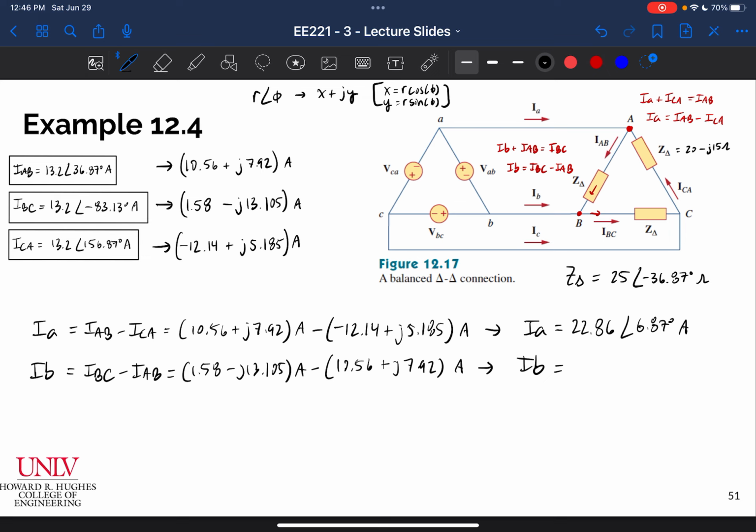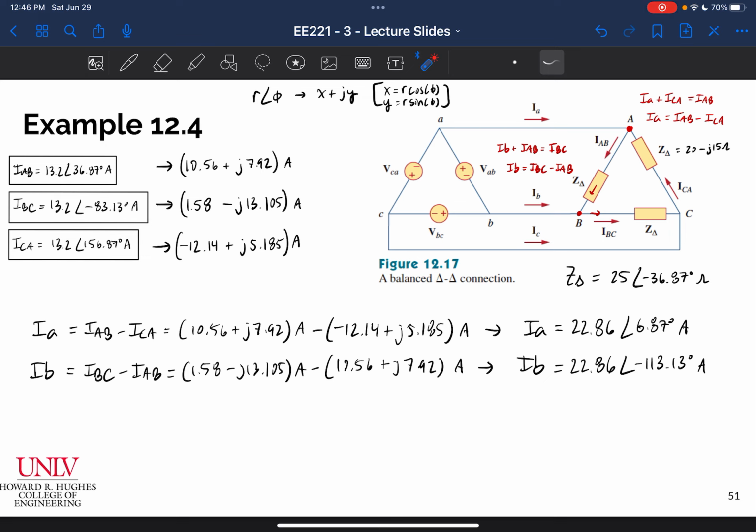I convert this to polar: 22.86 angle negative 113.13. And if I had to guess, I'm going to guess that that is 120 degrees less than 6.87. So let's see, 6.87 minus 120 is negative 113.13.